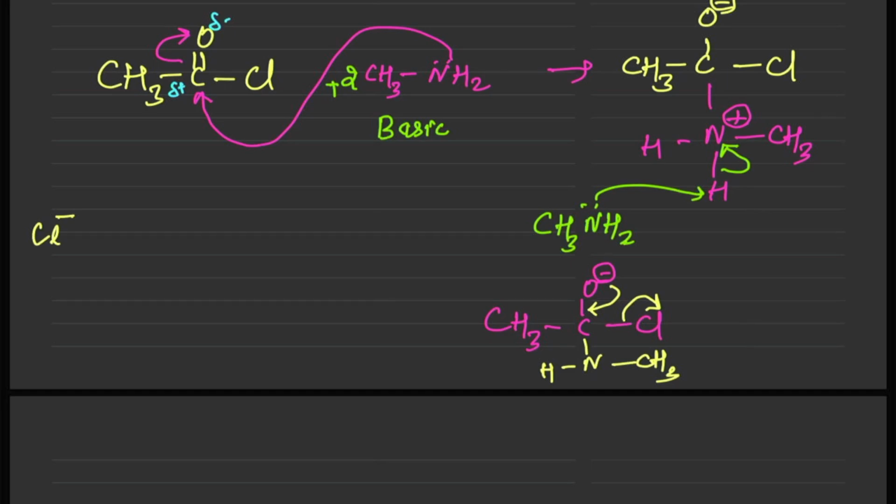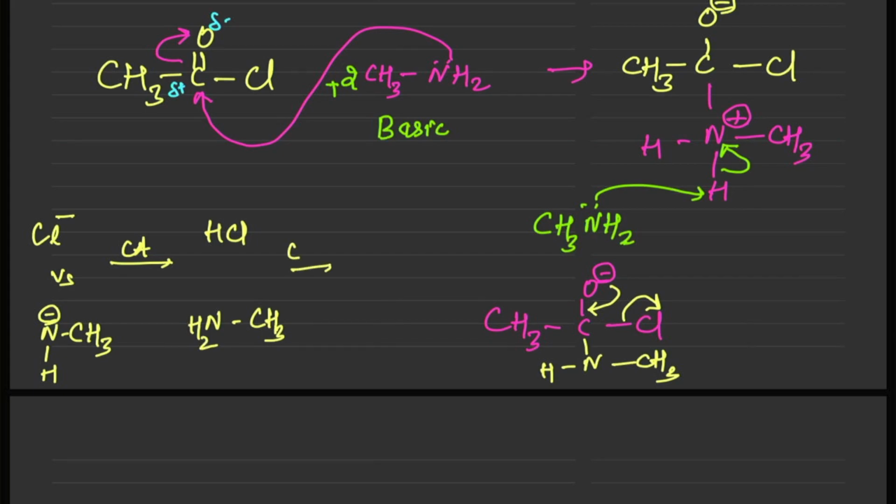The leaving group in case 1 is Cl minus, versus the other one would be CH3NH minus. First thing you look at is their conjugate acid, which is HCl. Here it's going to be CH3NH2. And next you look at their pKa values.